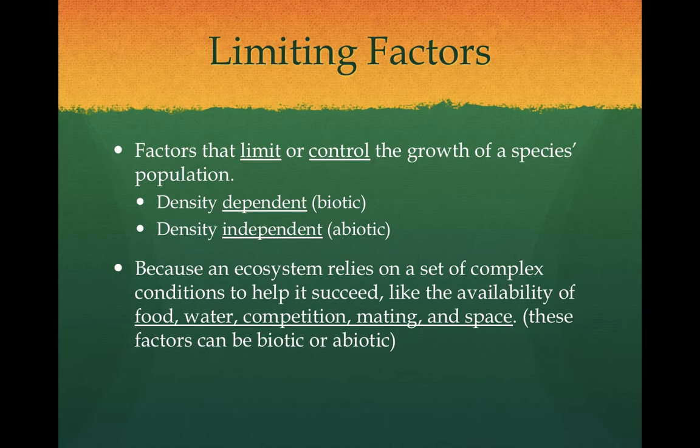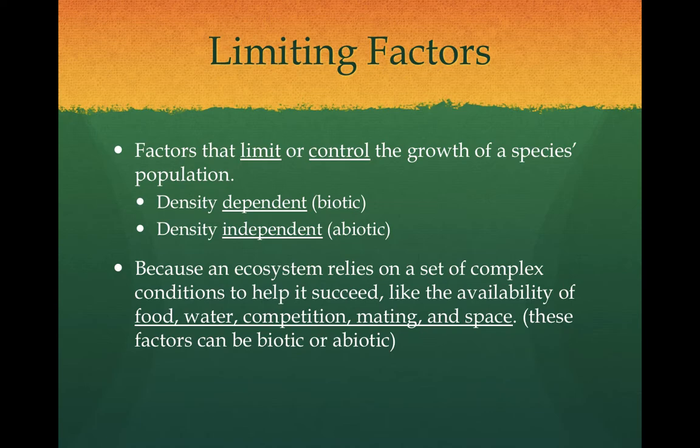By density, we mean the number of organisms that exist in a specific area. That's its density. So if there are too many cows in a field, then there's not enough food for them. What would limit the growth of that herd would be dependent on the population of cows.